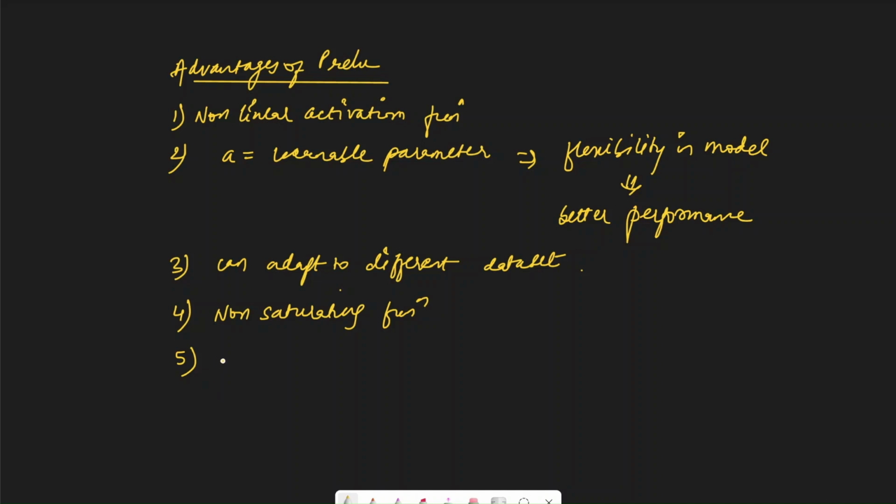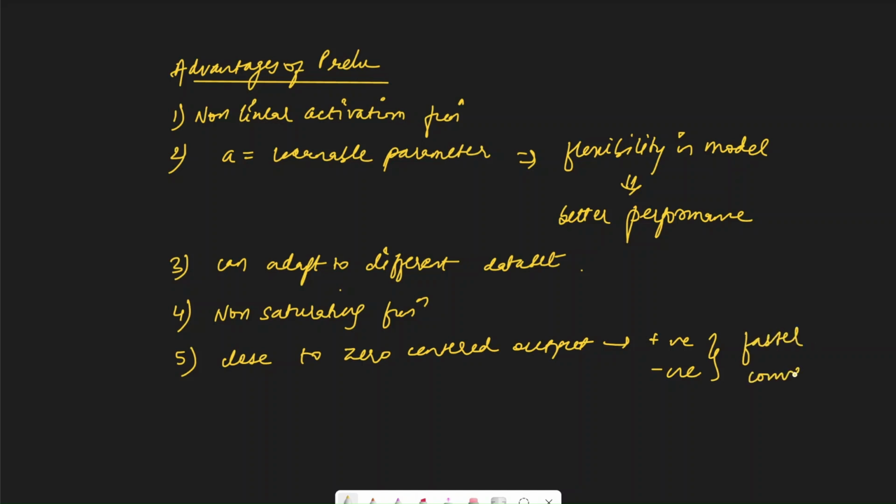And fifth advantage is again it is close to zero-centered output. This means we will have positive values as well as negative values coming as the output when we pass any value of x to PReLU function, and this would lead to faster convergence.